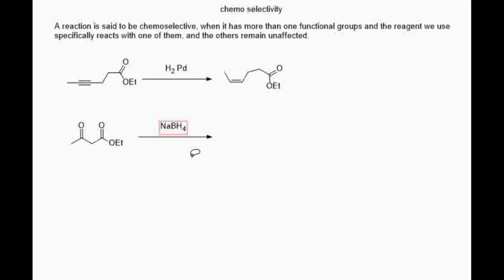It is a weak reducing agent which can only reduce the ketone and can't reduce the ester, so the ester remains unaffected. If we draw the product, it will be something like this: the ketone is now reduced to an alcohol, and we have the ester as it is.